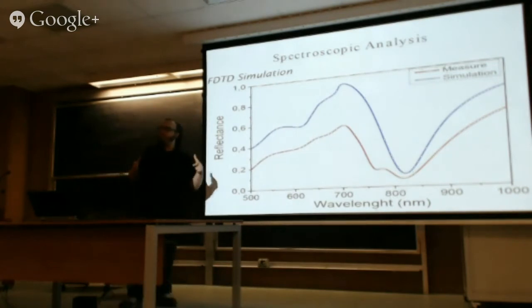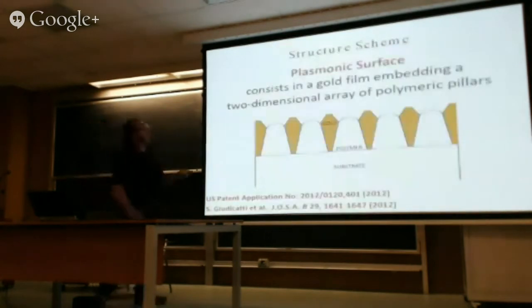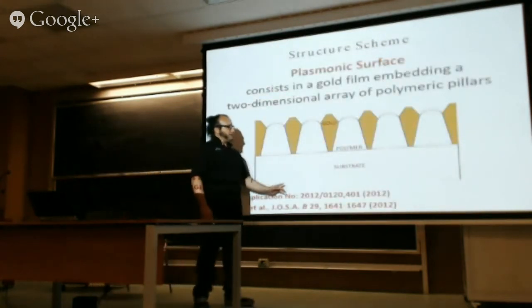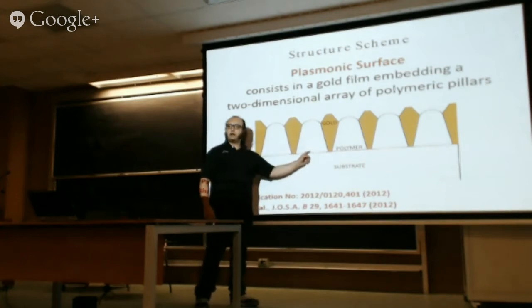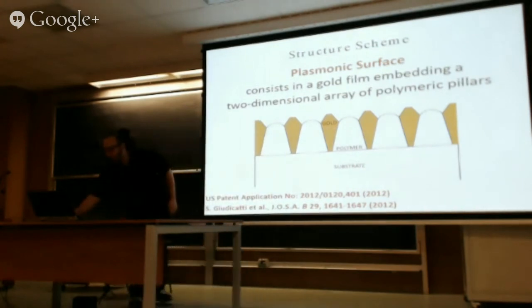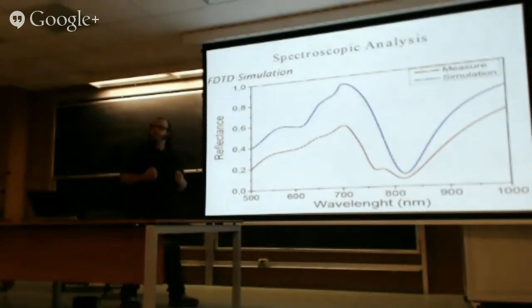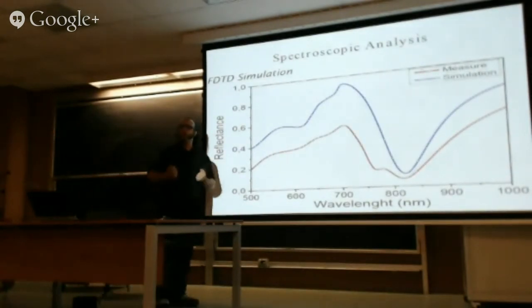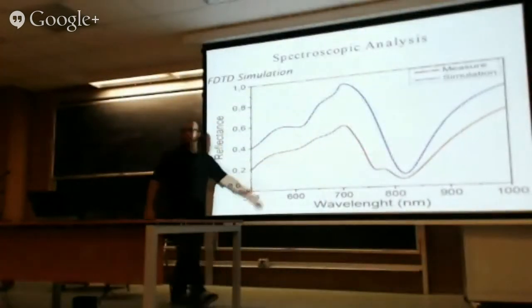The resonance in the ring that I showed you before is this: if I illuminate the structure from the substrate, I can collect the reflected light, and when the light has the proper energy, it is absorbed by the plasmon. All the electrons absorb, just as one single particle, all the energy, and you can see a dip in the reflectance response.